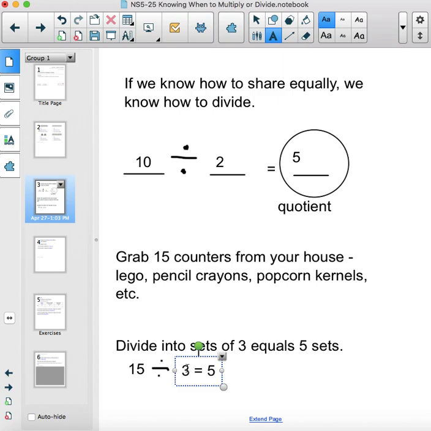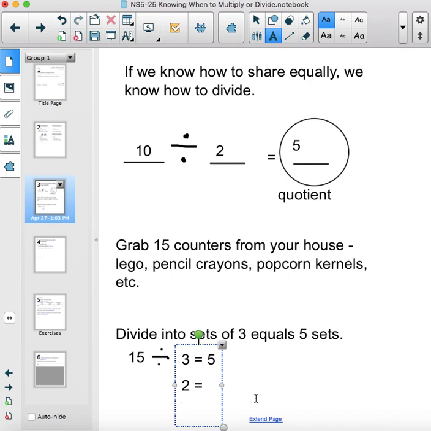Now, you can go ahead and see if you can take your 15 things, and this time I want you to make it 15 divided by 2 and tell me what it equals. See if that equals an even number. This time we'll do 15 divided by 5 and see what that equals.